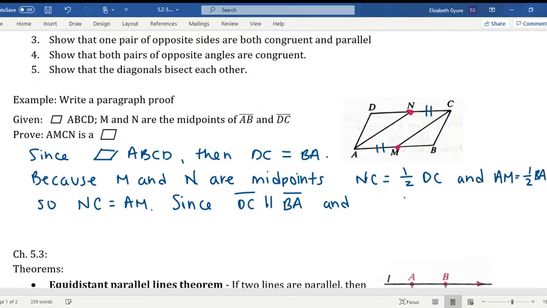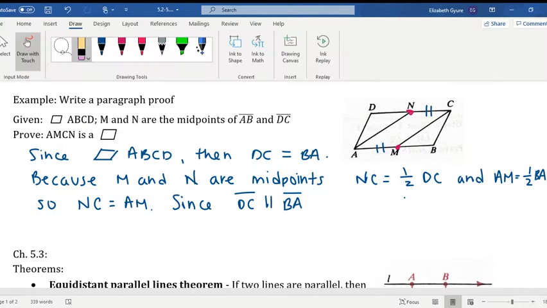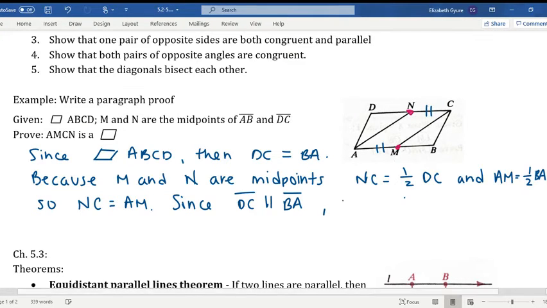I was going to say N lies on segment DC and M lies on segment AB. You could do that if you wanted to, but I'm just going to say that since those two are parallel, then we can imply that NC is going to be parallel to MA. Good.